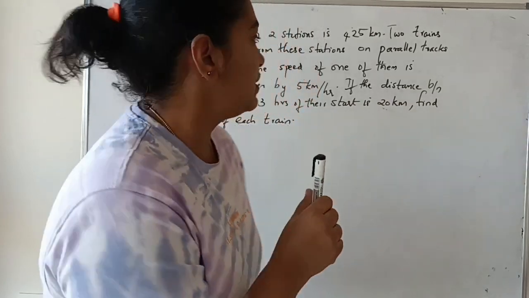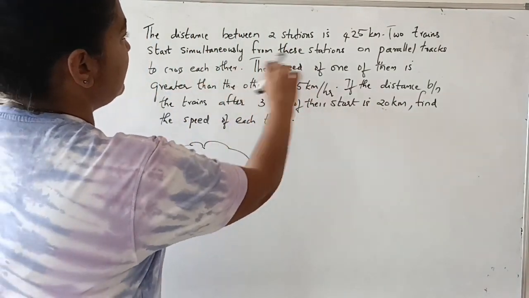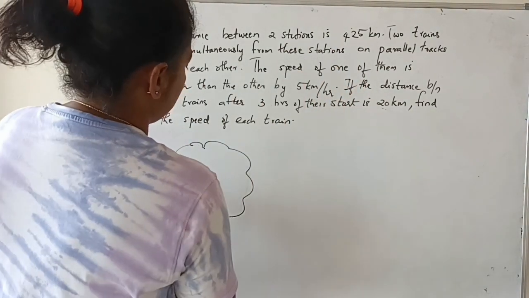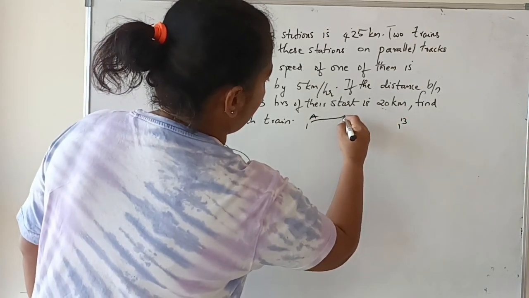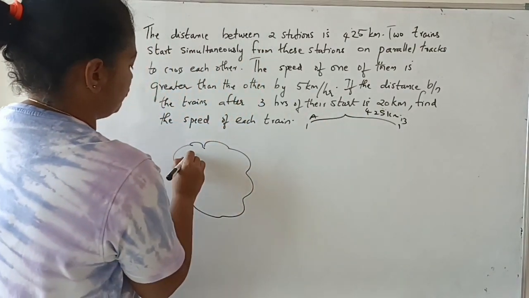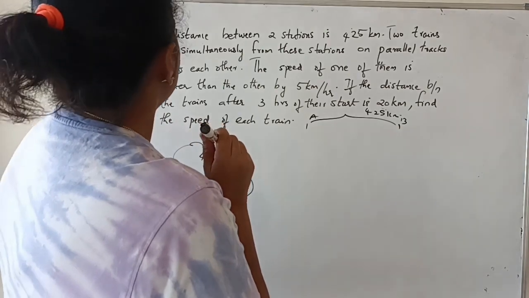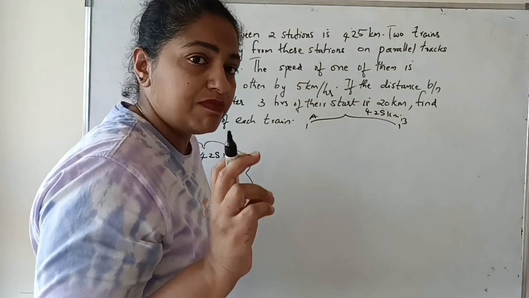Okay. So in this particular case, the distance between two stations is 425 kilometers. So now we have two stations. Let it be A and B. You have the distance between them as 425 kilometers. Now it is a sum that involves distance, speed and time.